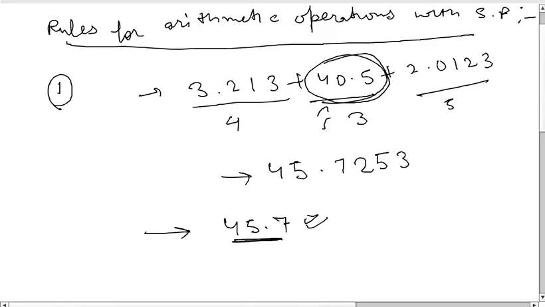So my answer should also have the least precision of any individual term in the addition or subtraction. I cannot represent it as 45.72, because then it means this quantity was not precise enough. So I cannot represent this quantity with more than 3 significant digits. So my final answer should reduce to the least number of significant digits of any term. Is it clear?